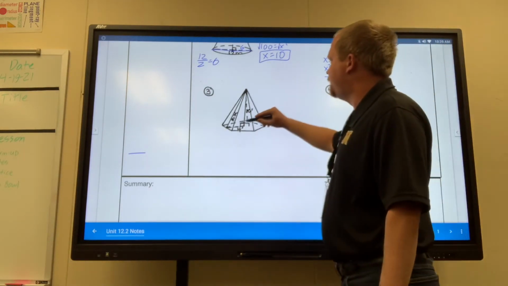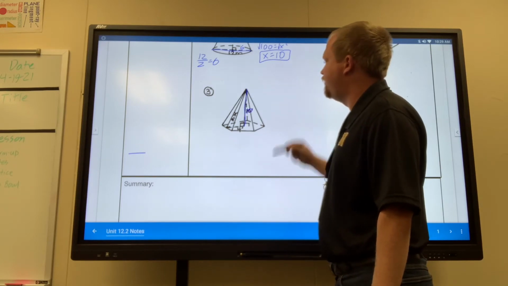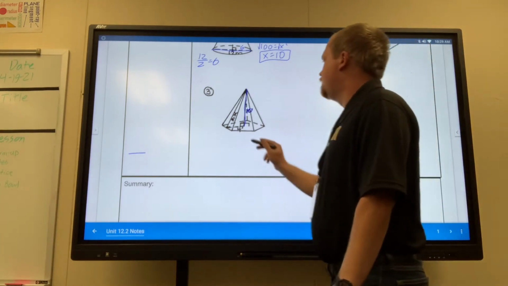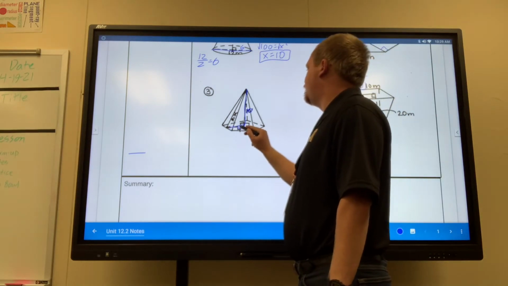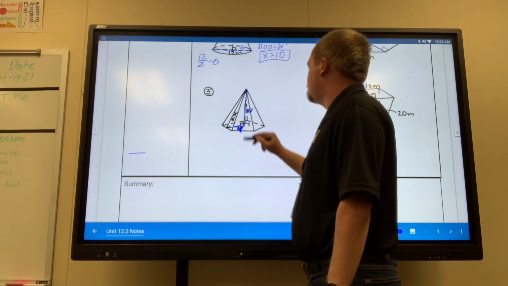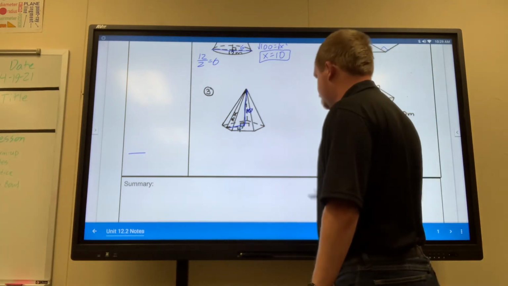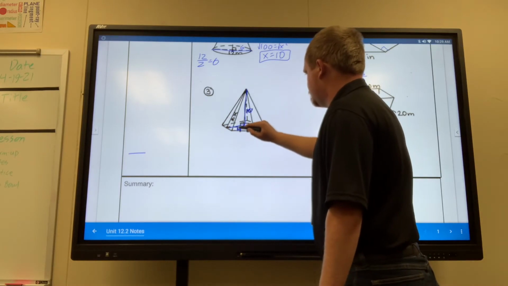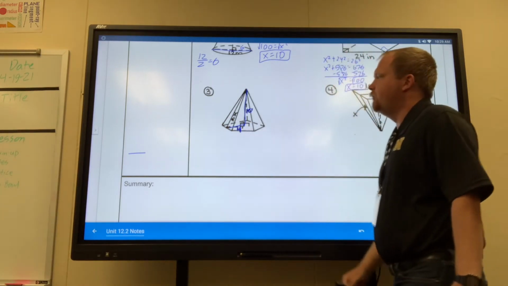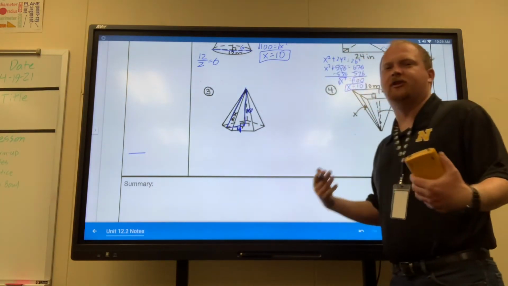We have this length right here to be 10, and it's kind of hard to see, this length is 4. We want to find this slant height right here. That's what we're looking for.